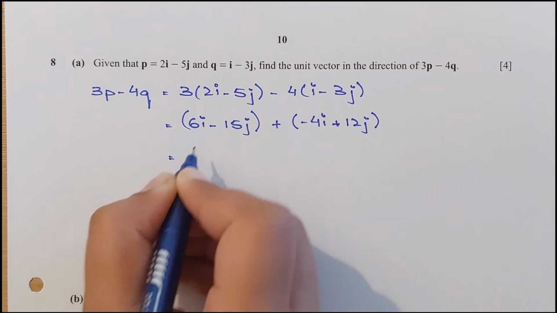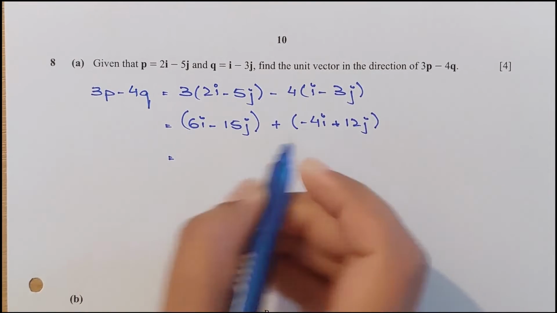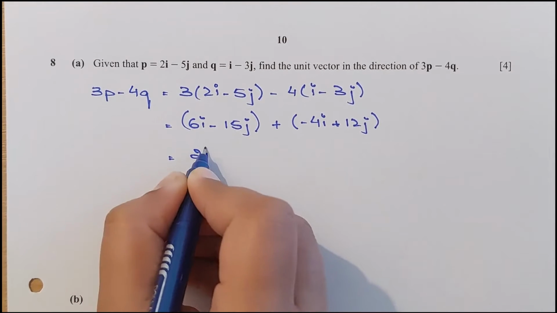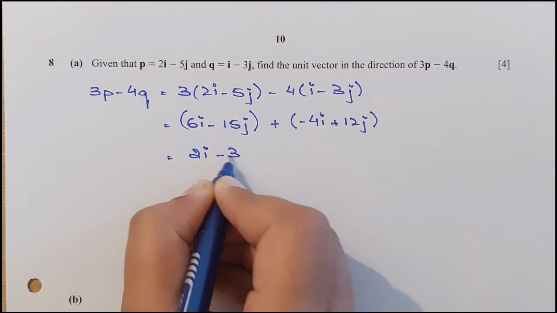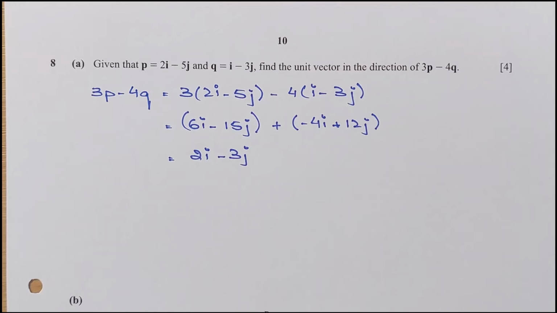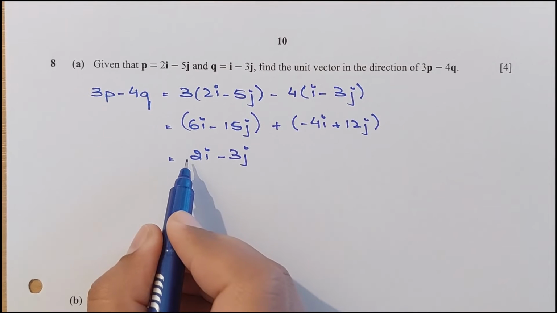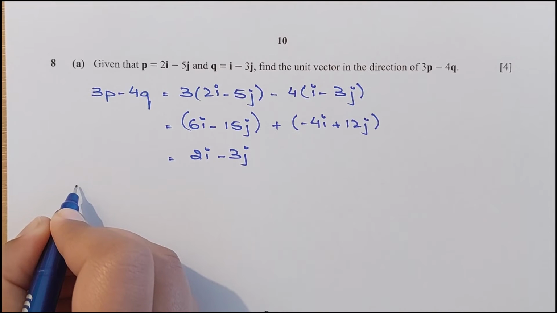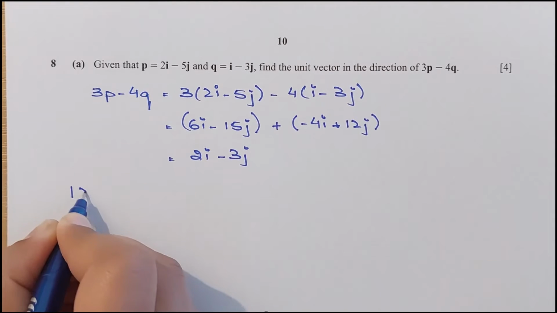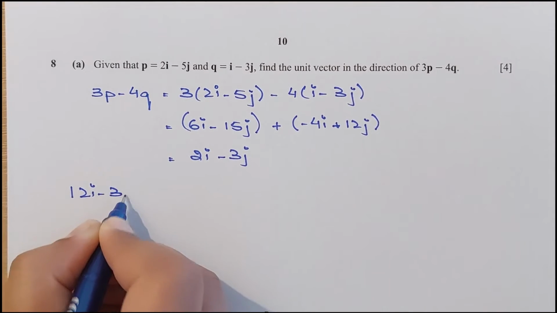Let me solve the i and the j components. 6 and minus 4 is 2i, minus 15 and plus 12, j is minus 3j, right? So we have to find its unit vector. Unit vector is the vector divided by the magnitude. Let me find the magnitude of 2i minus 3j.